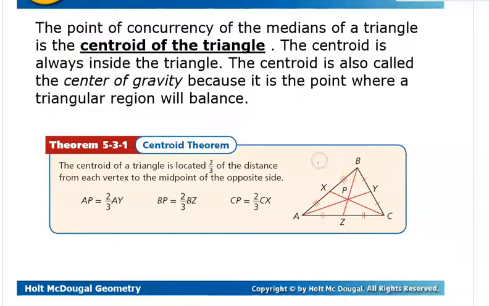Okay, let's do another example. If this part was 1, what would this part be? It would be 2. What would the whole thing be? Well, it would be 3. Okay, so if you need to draw it out, let's say this was 5.